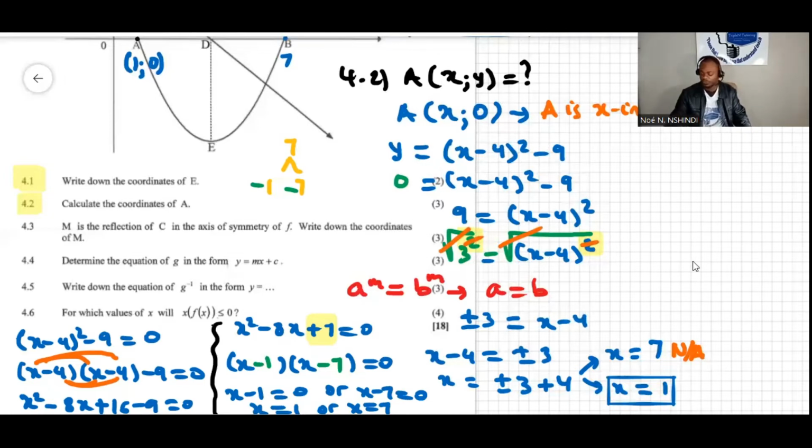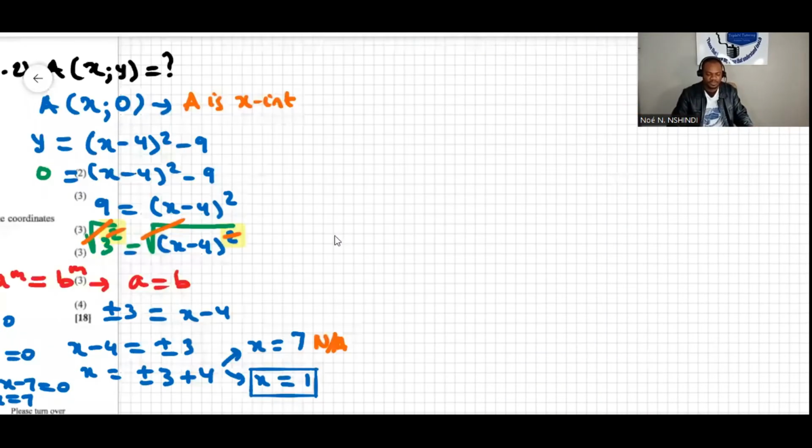Now, question 4.3 says that M is the reflection of C in the axis of symmetry of F. Write down the coordinates of M. I prefer to move my board over here.